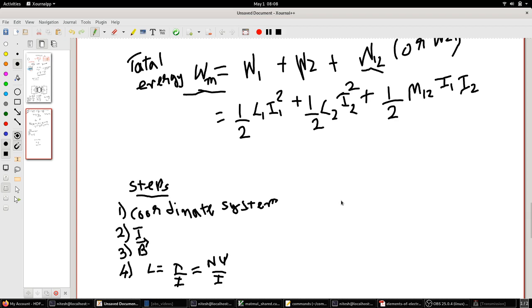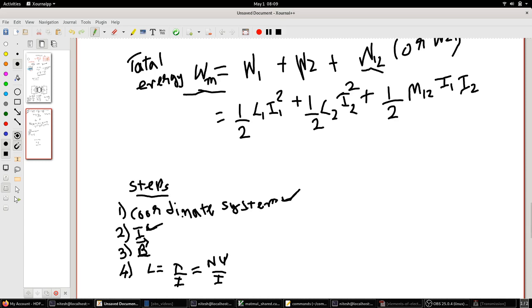To find the inductance, the first thing you have to do, for any given circuit or inductor, is set up your coordinate system. What kind of coordinate system are you going to use? Rectangular, cylindrical, spherical. Then you pass some current I through the inductor, which generates some magnetic field.